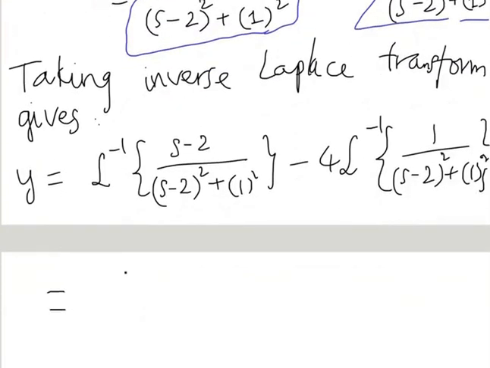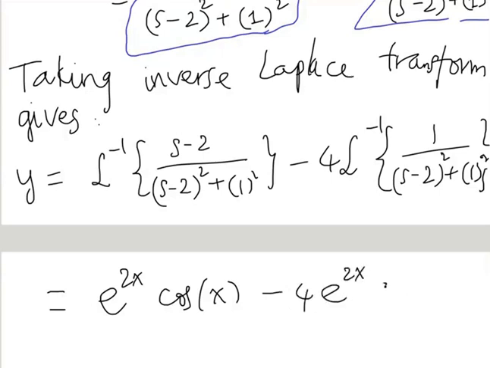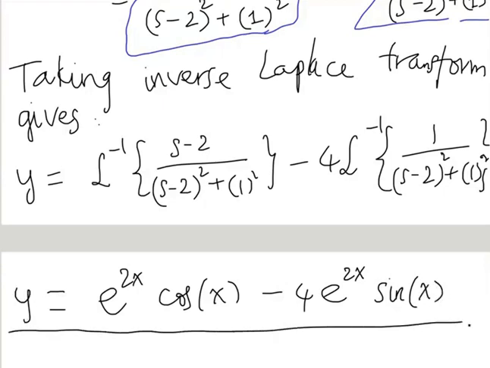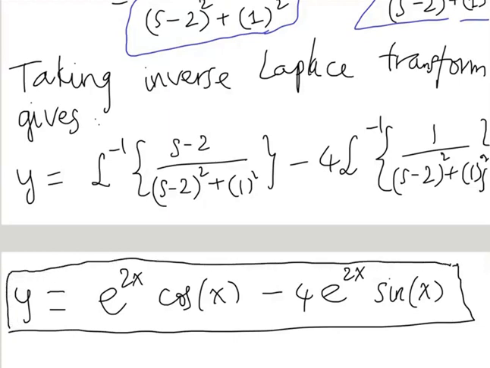And as I said earlier, we have e to the 2x cosine x, beta is 1, minus 4 e to the 2x sine of x. This is the solution to the initial value problem that was given at the beginning.